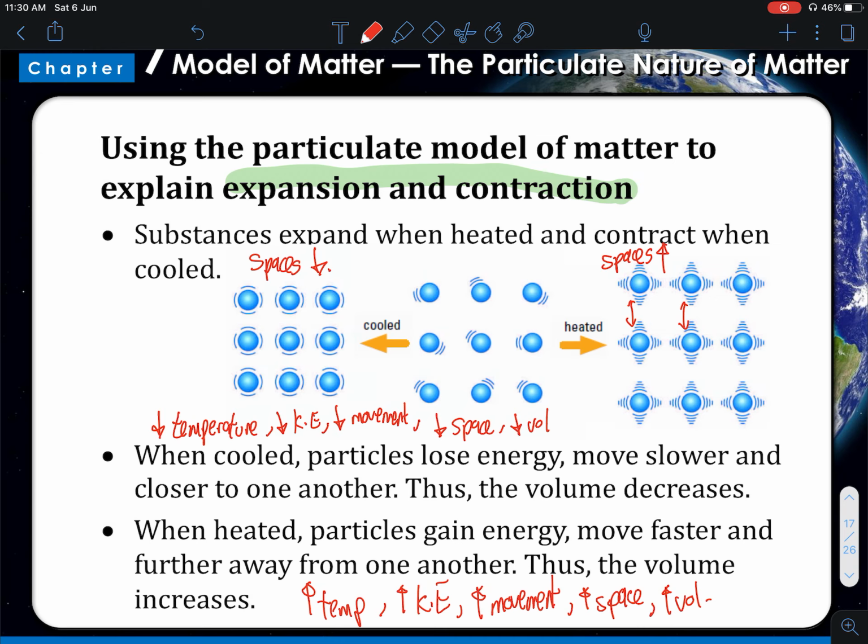Hopefully this process helps you understand how an increase in temperature leads to expansion. This is the flow of the answer that we are looking out for in your exam.